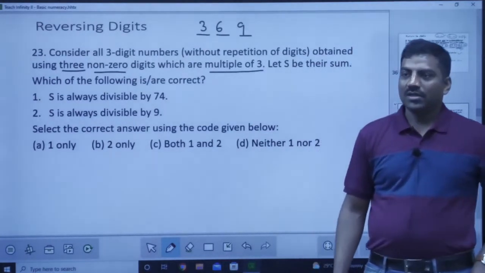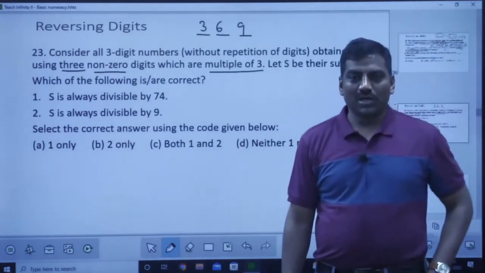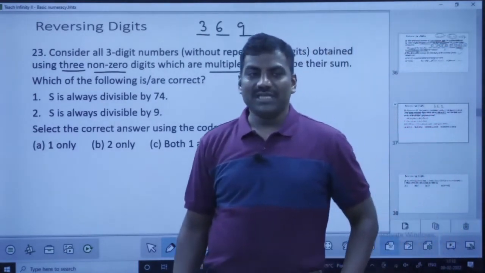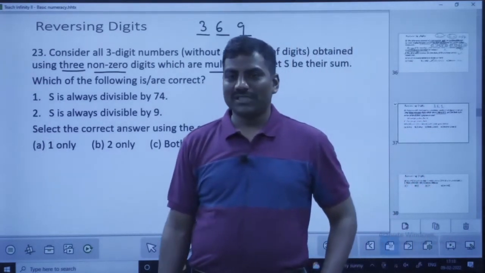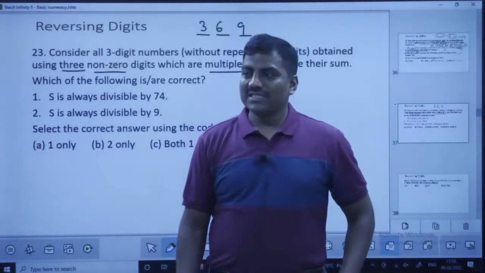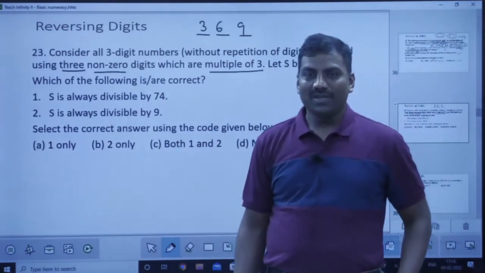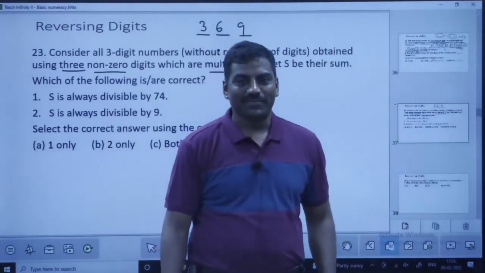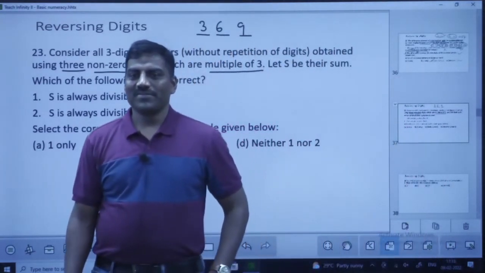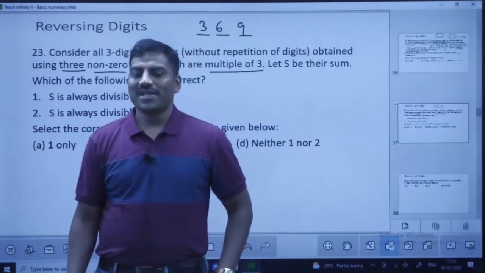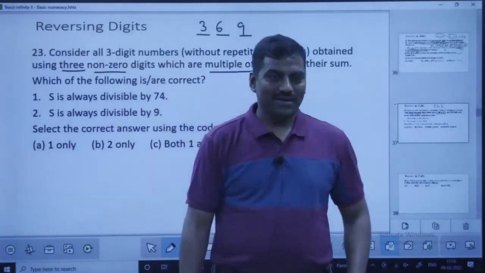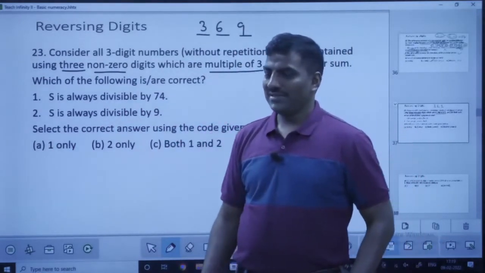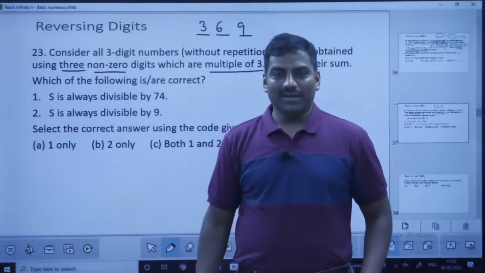Let's say, for example, your mobile password is of 3 digits, and you know you have kept the password among these numbers only, 3, 6, 9. How many times will you try?